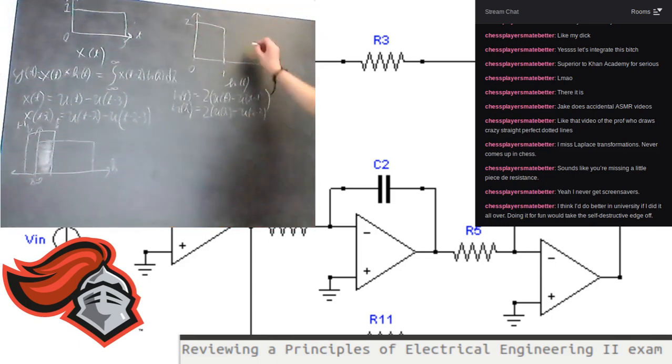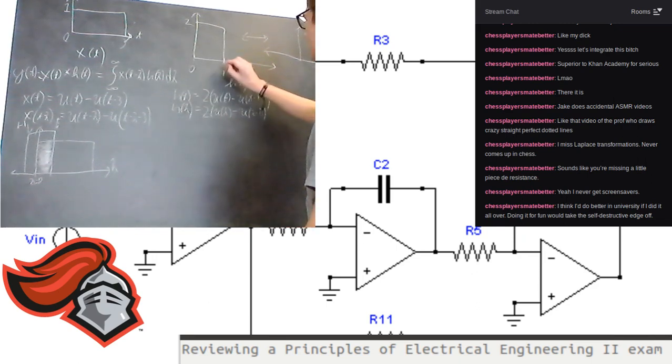How we got that was we kind of just flipped this over such that instead of being t, this axis is now negative, well, I guess it would be negative lambda. So since this was positive lambda, this is what this looks like.